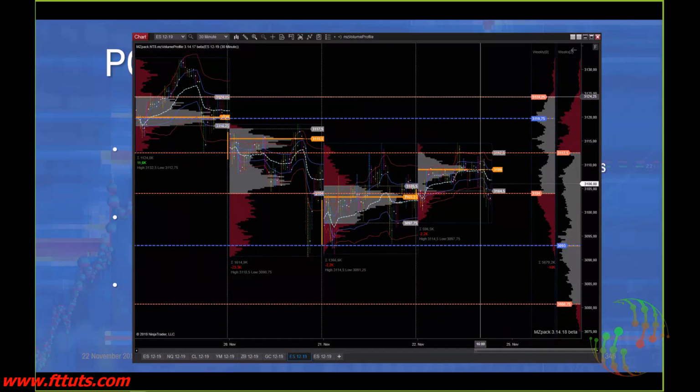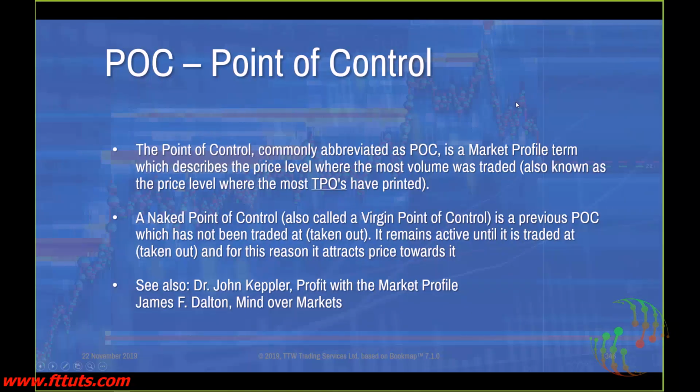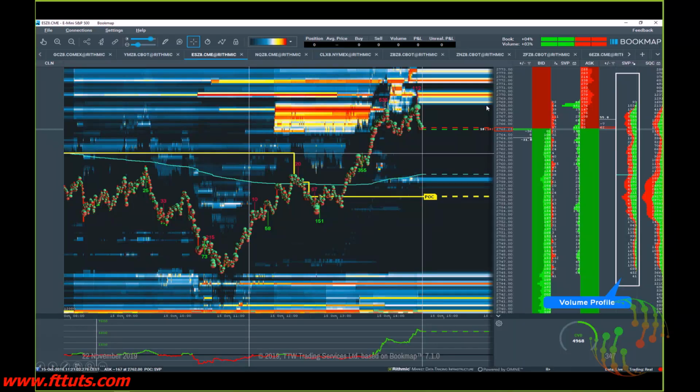You can also use these POCs as a marker in your Bookmap chart. Maybe they are coming together with liquidity. So it's always good to know what volume profile is and what a POC is.